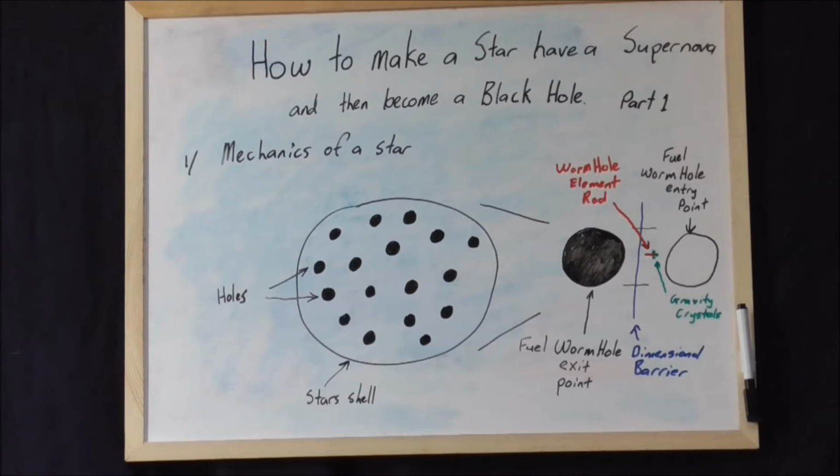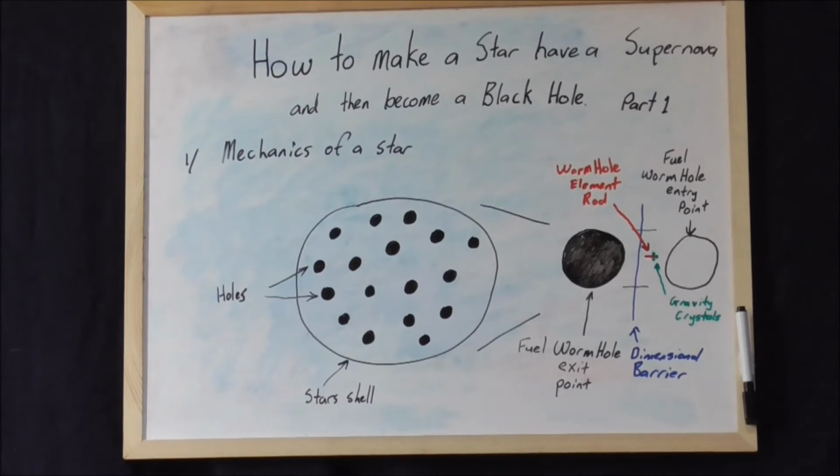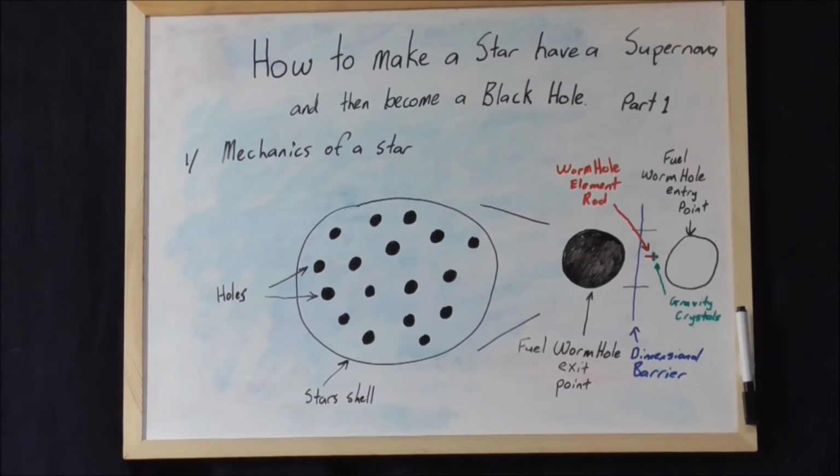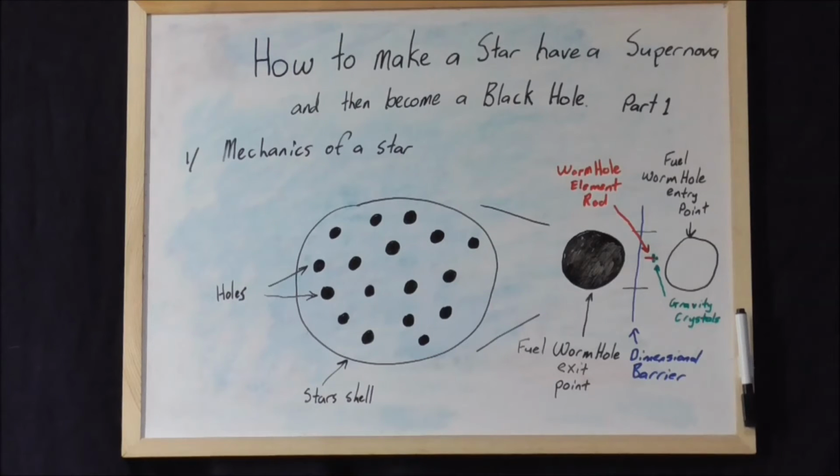When you look at sunspots, you're actually looking at the fuel wormhole exit point. And then we see the dimensional barrier that's between this universe and the dimension where the fuel resides.